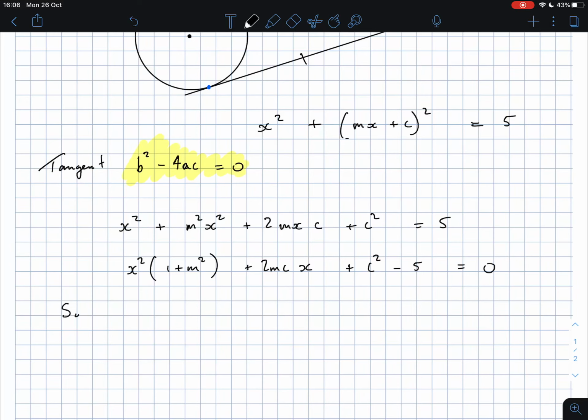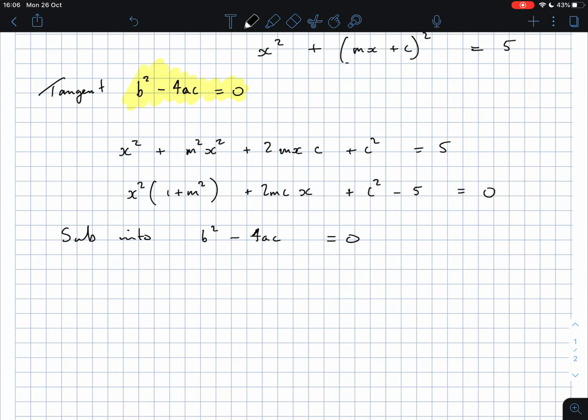So if we substitute these into the discriminant, sub into this equation, then that's helped us to reduce it down so that we've only got m's and c's. So we've got rid of one of those things that we didn't know.